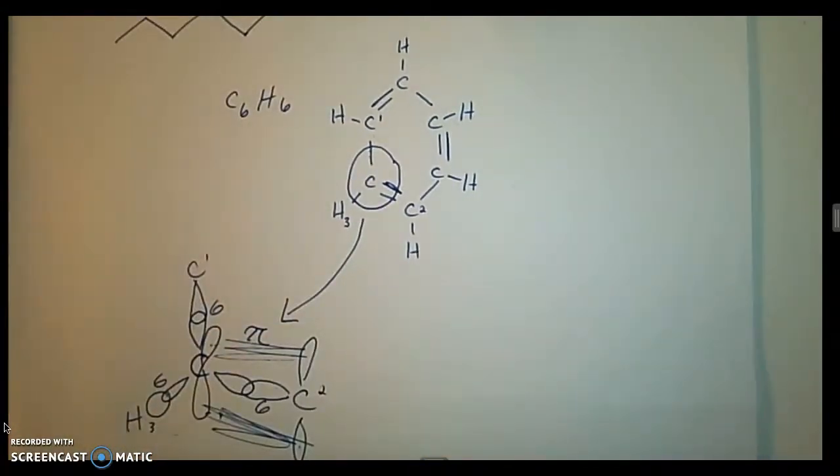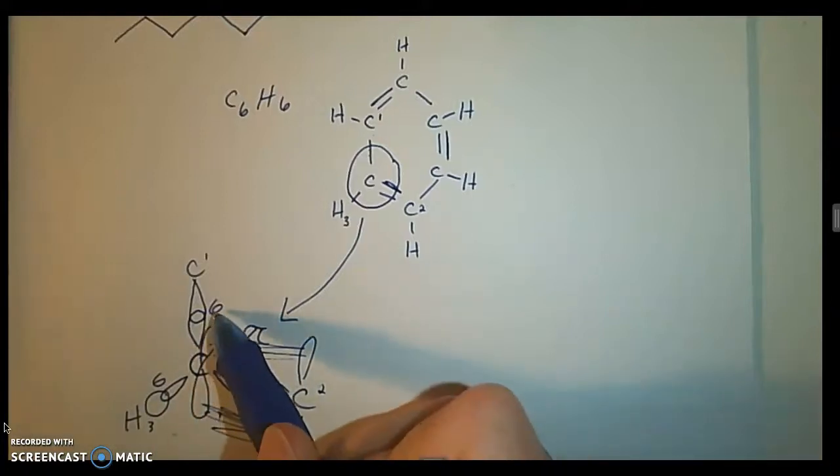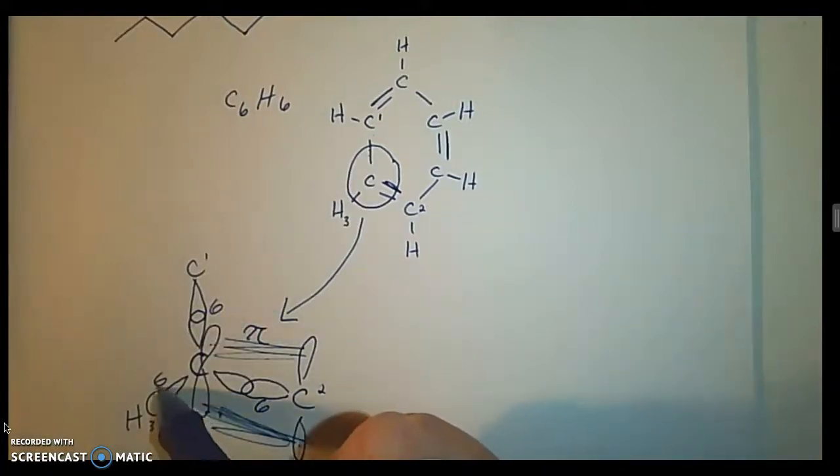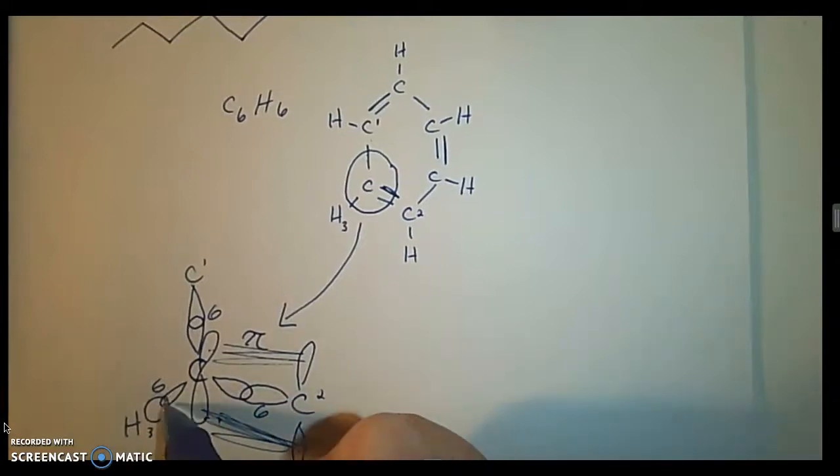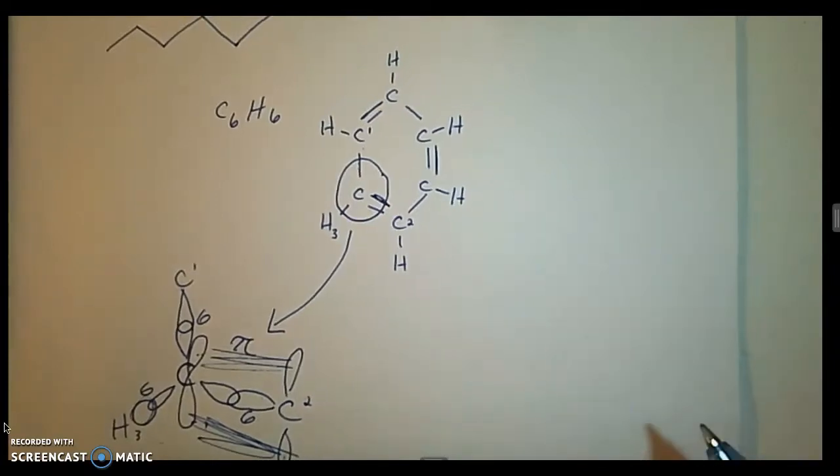Okay, and you'll notice there's kind of a parallel here. Sigma bonds often involve s orbitals, not strictly true, but often they do, whereas pi bonds often involve p orbitals. Okay, so tying that back to our atomic structure stuff.